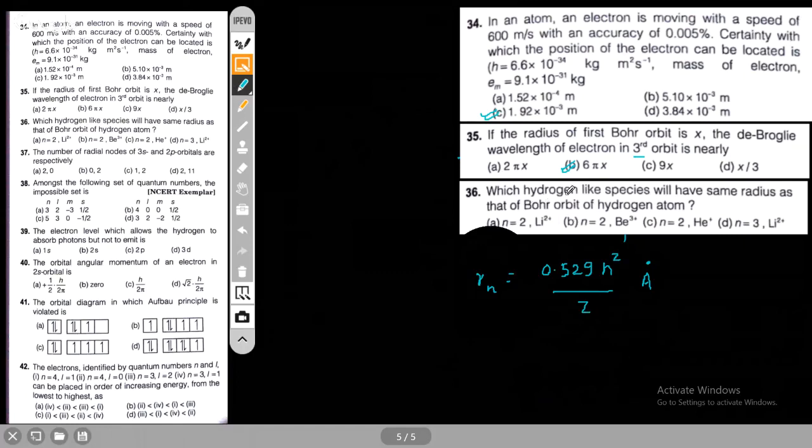Now the question is, which hydrogen-like species will have the same radius as that of Bohr orbit of hydrogen atom? Bohr orbit means first Bohr orbit, right? For hydrogen, this will be 0.529 n square by 1.